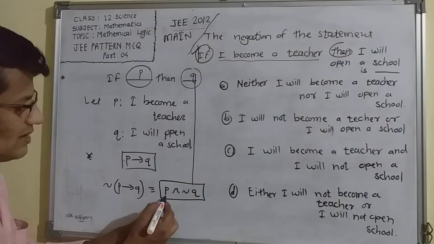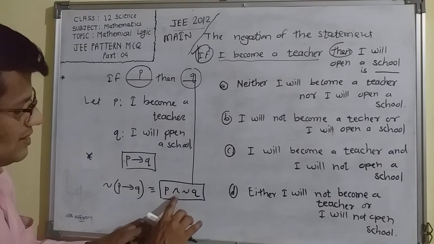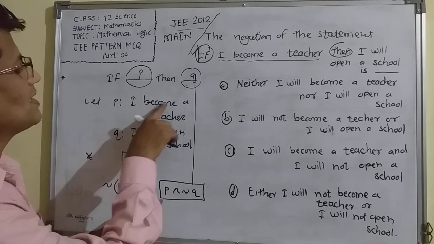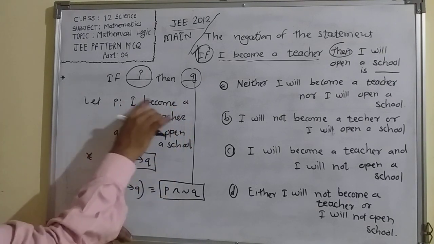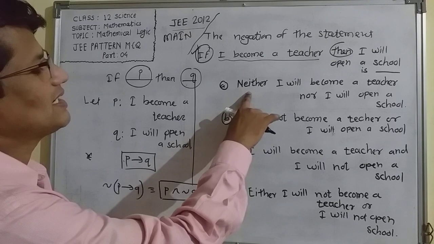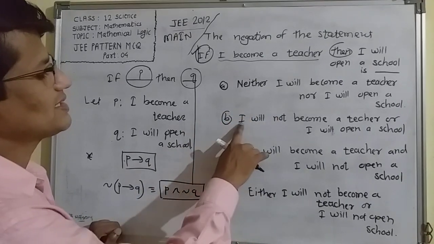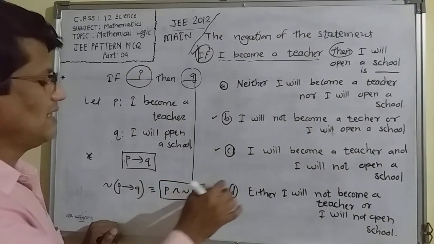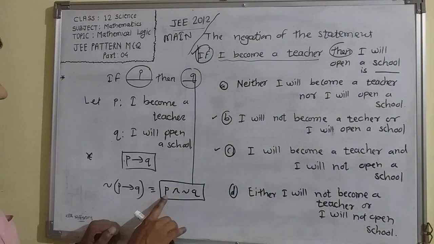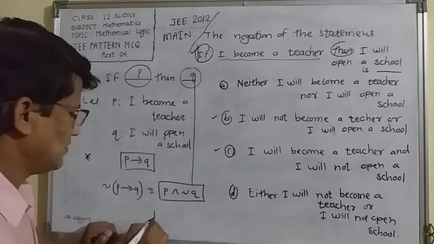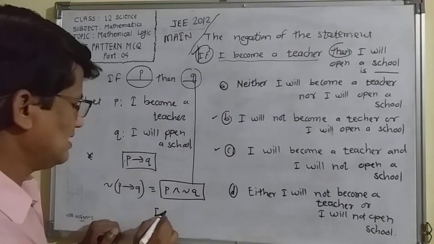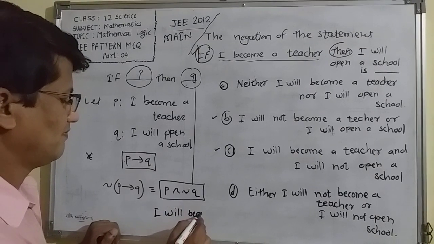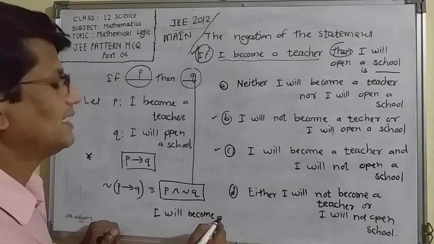So start with this. Here is and, and the first letter is P. P means what? I become a teacher. This is the statement. Start here: I become. Where is it? Yes, here. The option may be option B or C. Here P means I become a teacher. So start with I will become a teacher.